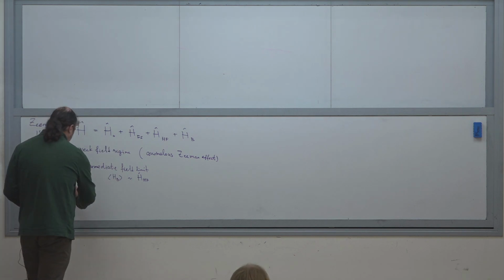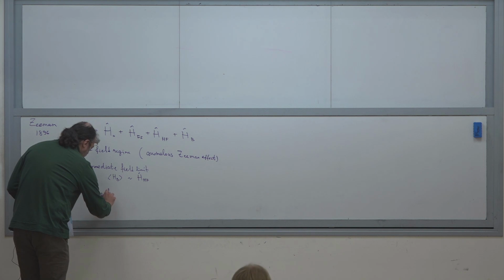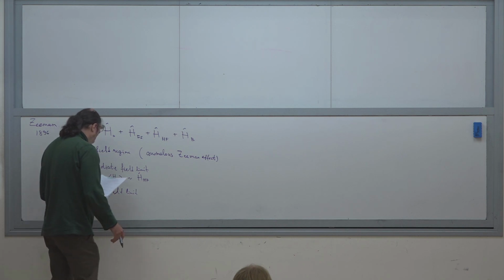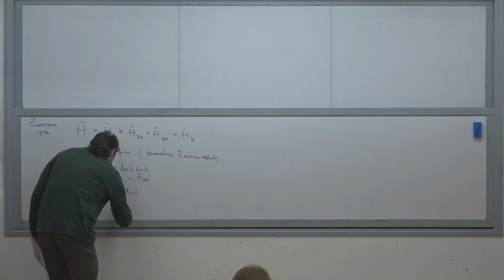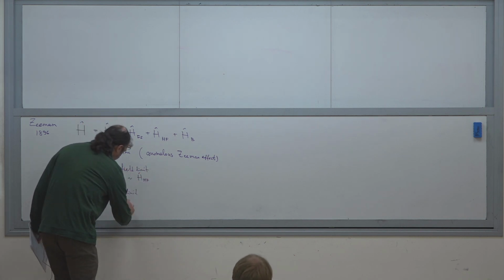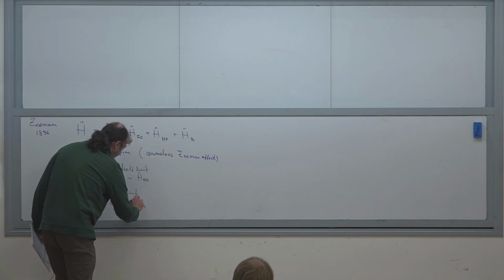So then we are going into an additional limit that we consider as a strong field limit. Strong field limit means that the magnetic field, this part of the Hamiltonian, is even larger than the fine structure splitting.